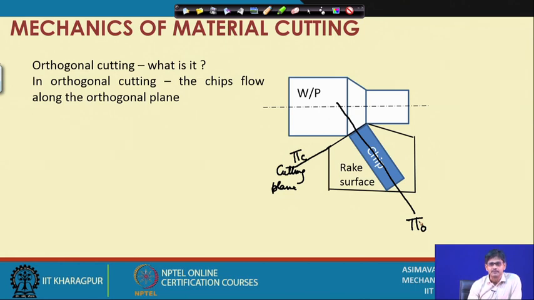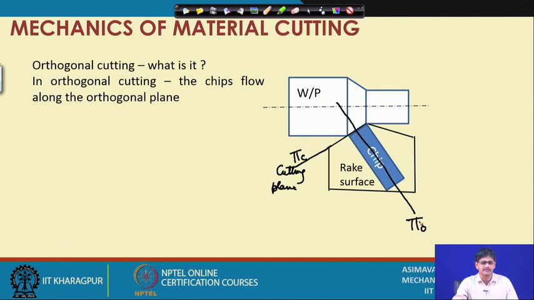Now, you might ask, what is the reason for which we make this assumption? Assumptions should be at least logical. It is logical to make an assumption when we do not have the full picture. So, we now come across a term called orthogonal cutting.